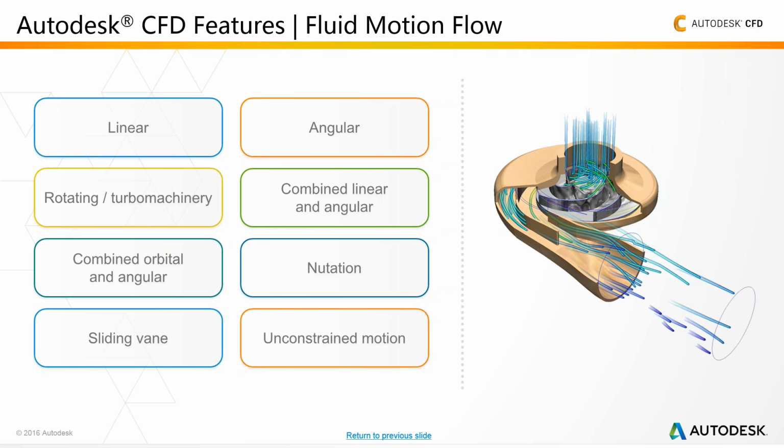So the motion can be fluid driven, so components are reacting to flow, or they could be mechanically driven, so components drive the flow. We can look at different motion types: angular, unconstrained, combined orbital and angular, combined linear and angular, sliding vane rotation, linear, rotating or turbo machinery.